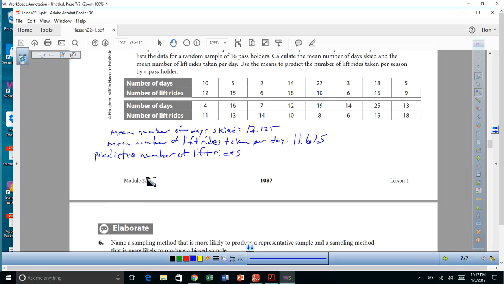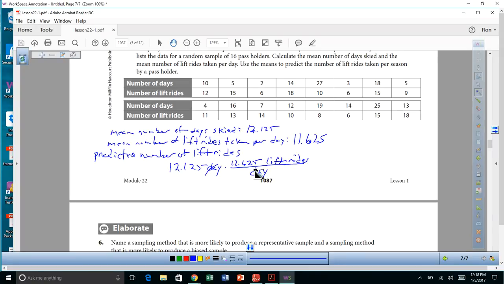So we're going to have 12.125 days times 11.625 lift rides per day.